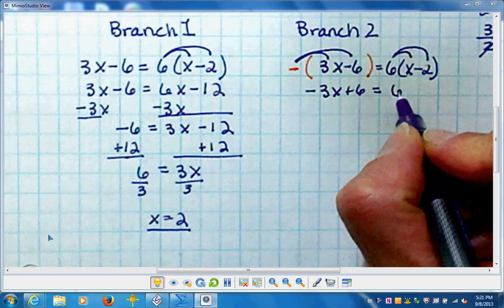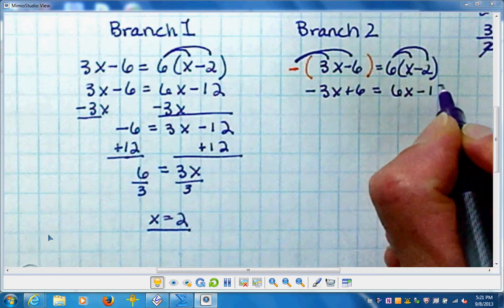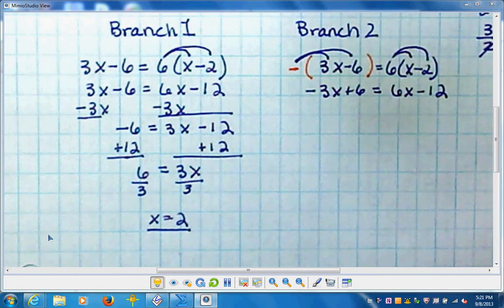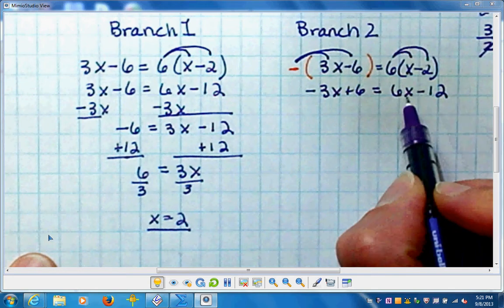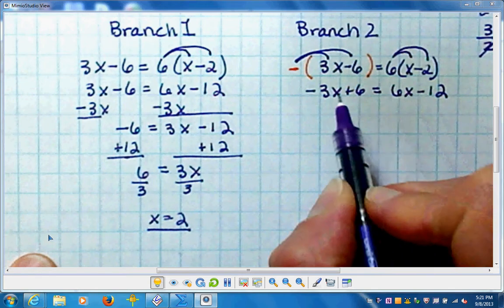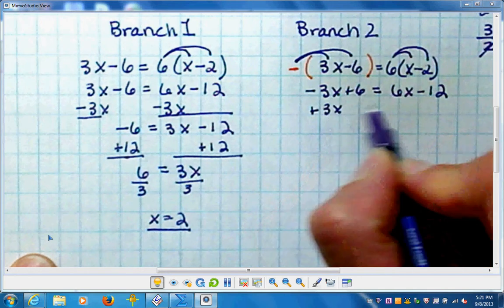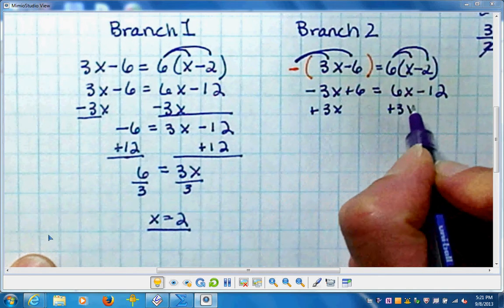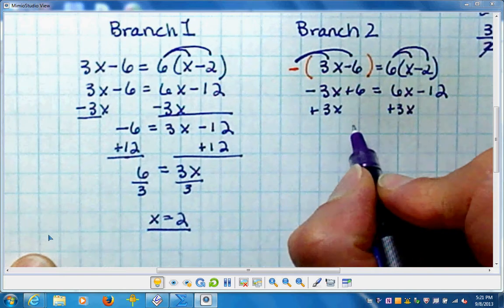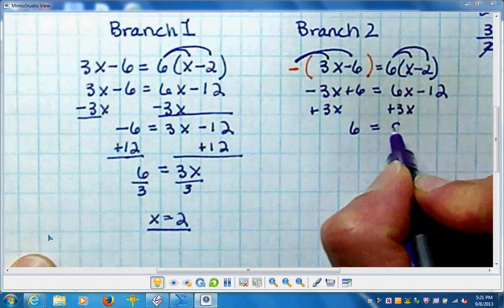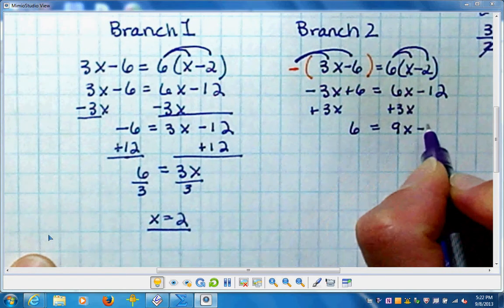So that's going to give me 6x minus 12. Okay, so because this 6x is bigger, I'm going to add 3x to both sides. And that's going to give me 6 is equal to 9x minus 12.